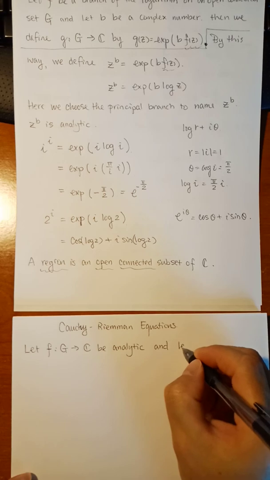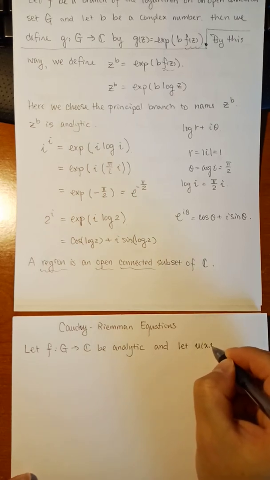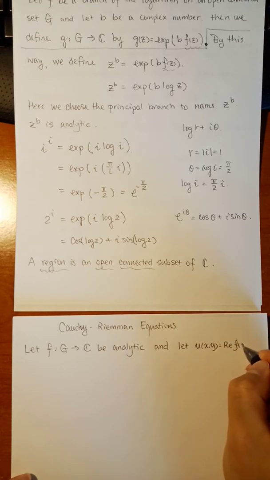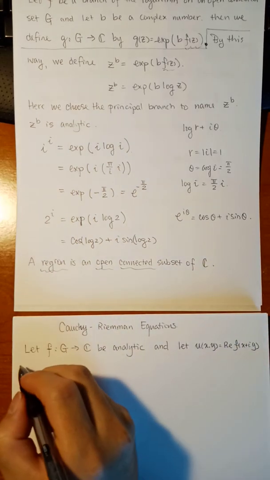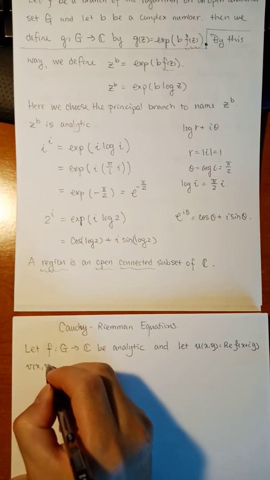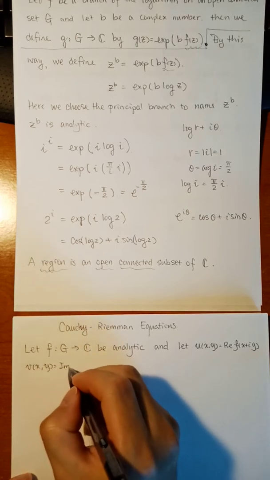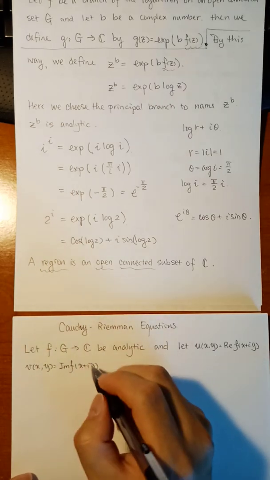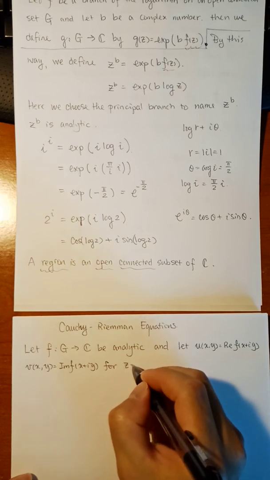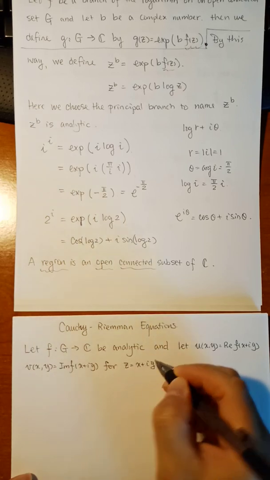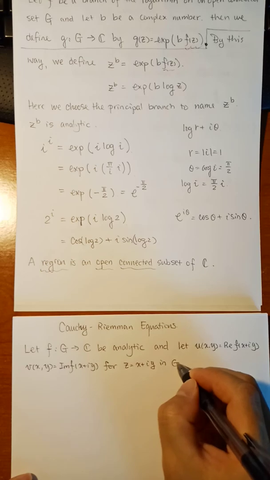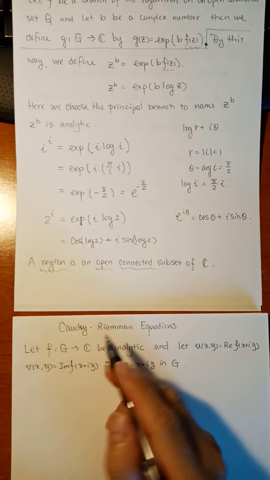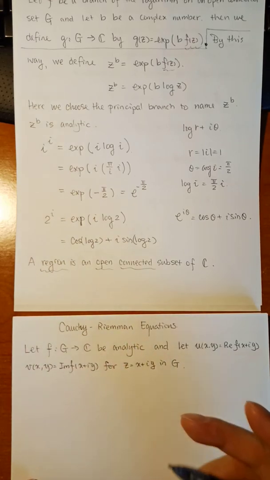So let u(x,y) be the real part of f(x+iy), and v(x,y) be the imaginary part of f(x+iy), for z equal to x plus iy in G. Okay, so here we consider G and C both as two-dimensional vector spaces.